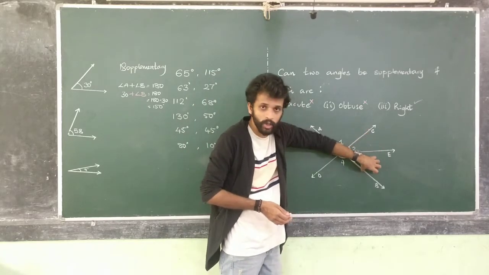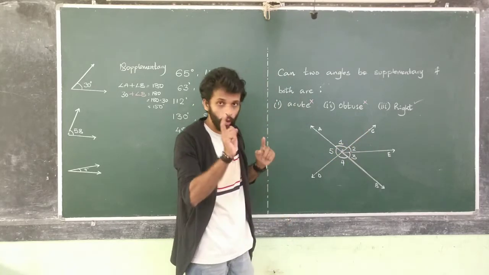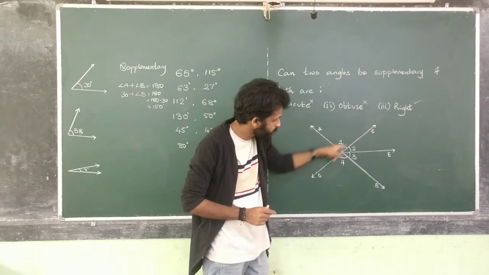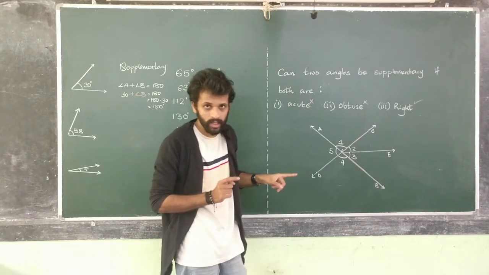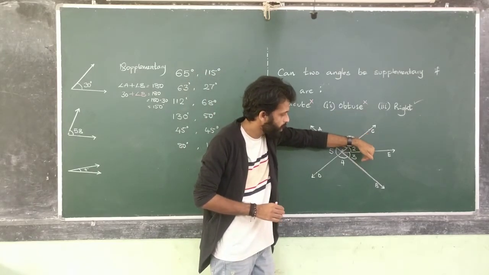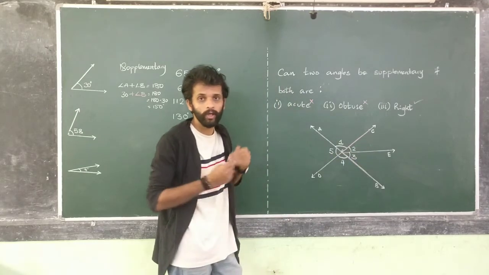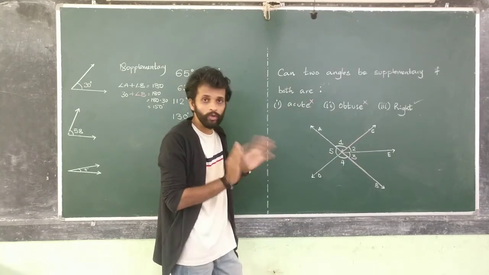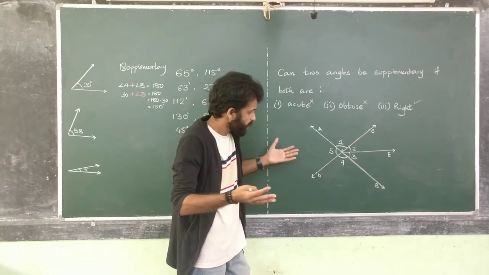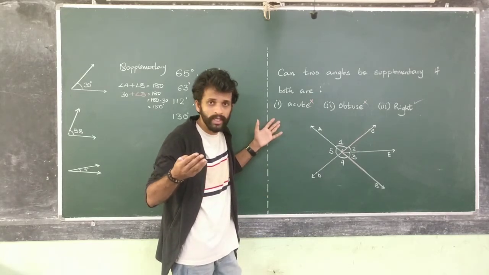This one and this one. So, only if I know in the question it is given that COB is 90 degrees, then only I can say that angle 2 and angle 3 are complement of each other, because the sum of those two angles will give me 90 degrees. Any other angle possible to say it's complementary?